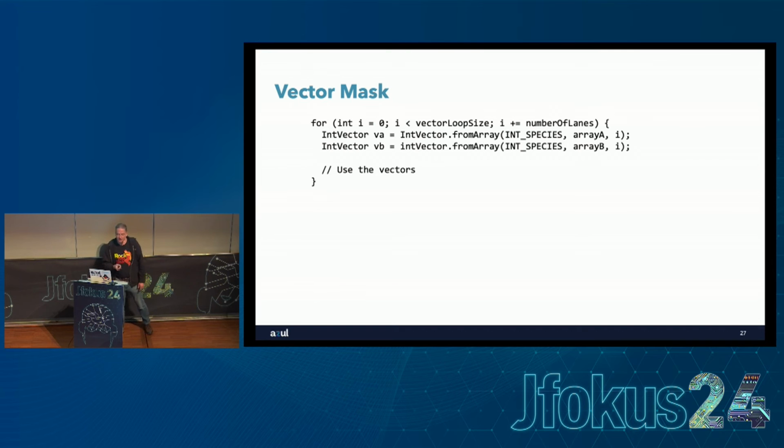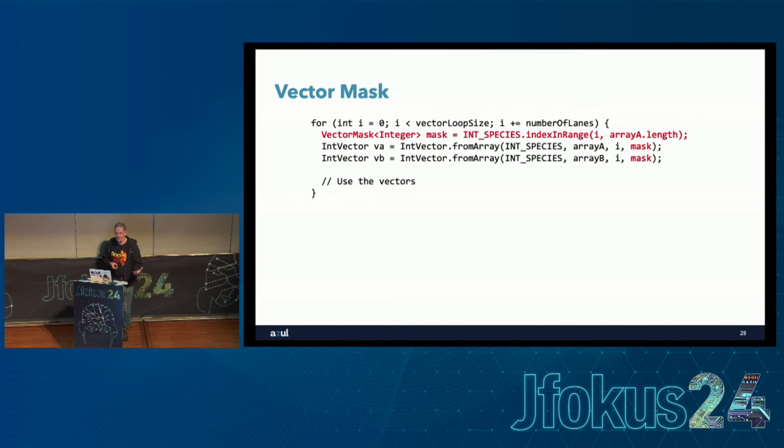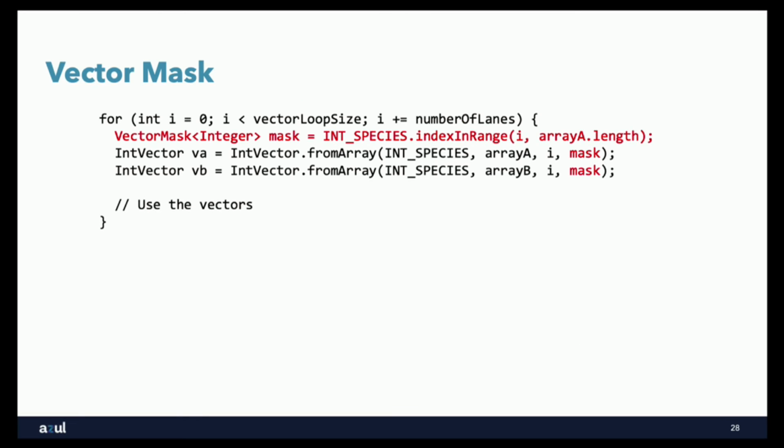If we want to use the vector mask, taking the same loop example we had on the previous slide, what we're doing is simply going through our set of data, using the striding as the number of lanes, repeating for the vector loop size. But if we want to use the mask, all we do is introduce a vector mask of type integer, and we create that from the int species, and then we call indexInRange, and we pass in the current index and the length of the array.